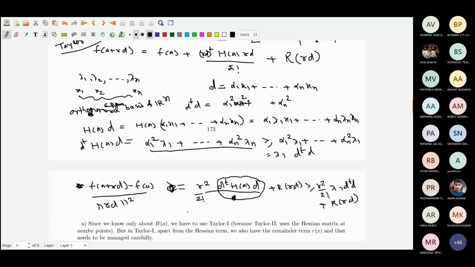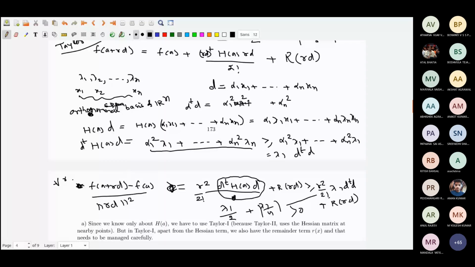So what do I get? Here also I divide. This term will give me lambda 1 by 2, and this term, for all small R, can at best be lambda 1 by 4 in absolute value, and therefore this whole thing will be strictly bigger than 0. So what does it say?